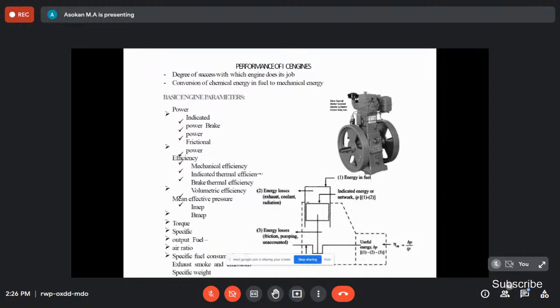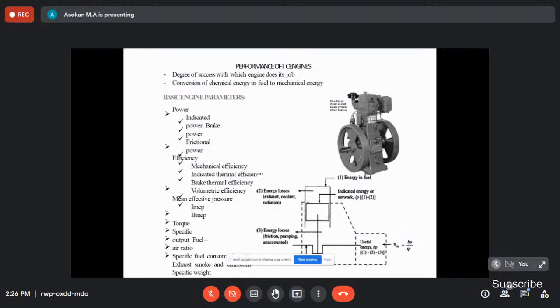The chemical energy from burning the fuel is converted to heat energy, 100% of the heat energy. This heat energy is available on top of the piston in the form of pressure and temperature. Because of losses, we subtract 1 minus 2, and that is the indicated energy. This energy pushes the piston in a downward direction.